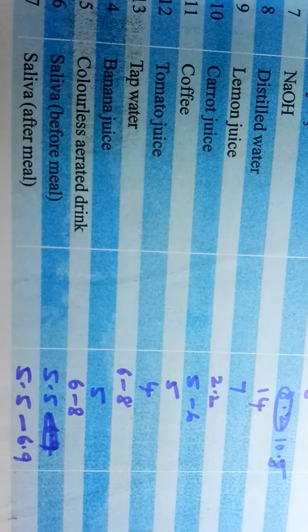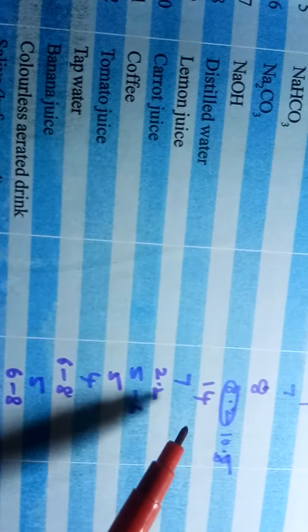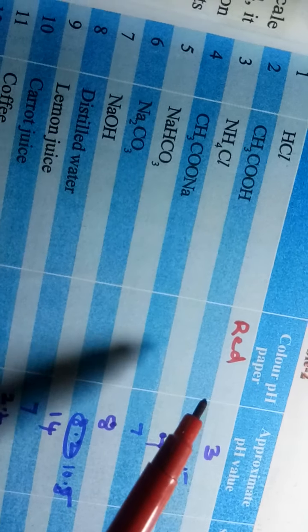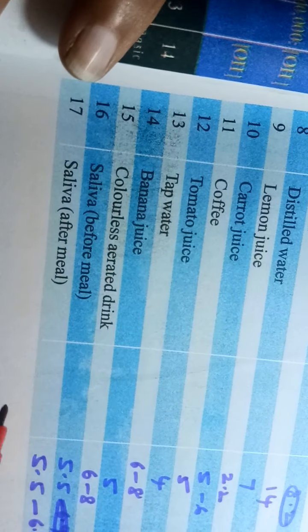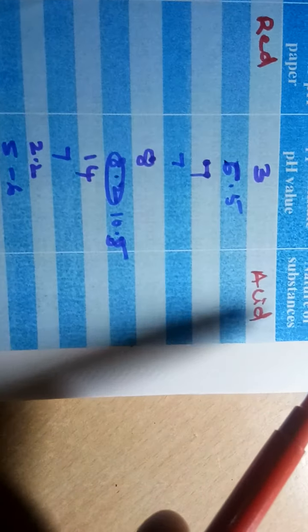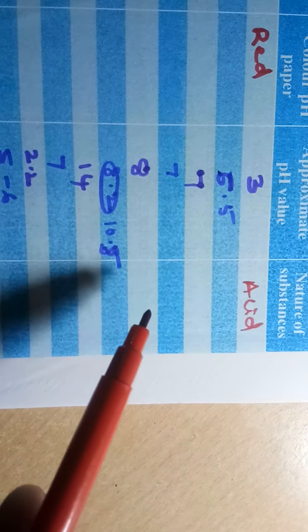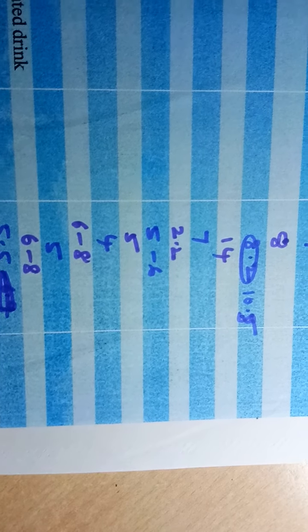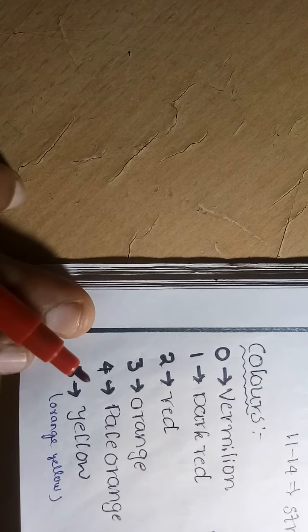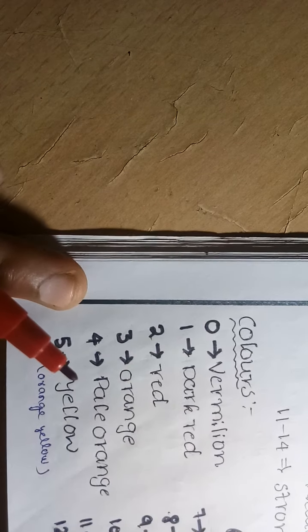From these pH values you can determine the color of the universal indicator, and from that you can write the nature of the substance given to you, and I will provide the colors also. These are the colors and color names at different pH values.